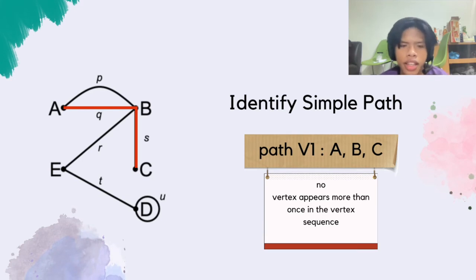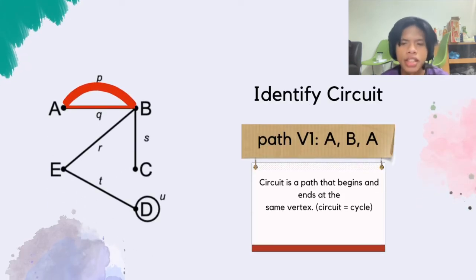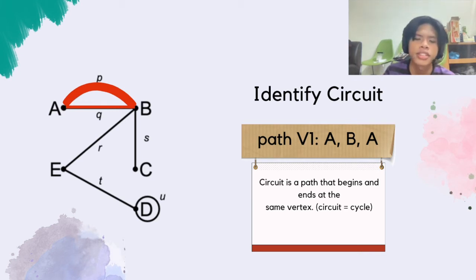For the simple path it is ABC, because no vertex appears more than once in the vertex sequence. And the last one is the circuit, which is ABA. A circuit is a path that begins and ends at the same vertex. Okay, that's all from me. Now I will pass the mic to Shahid.